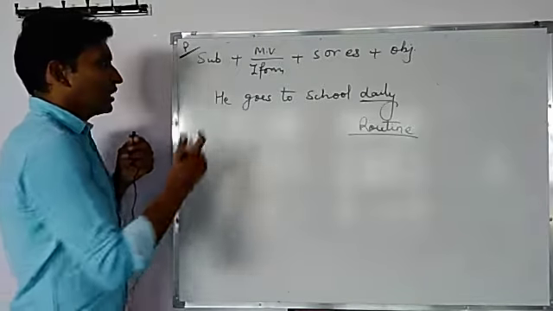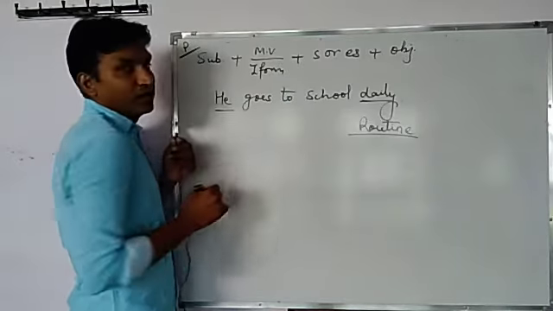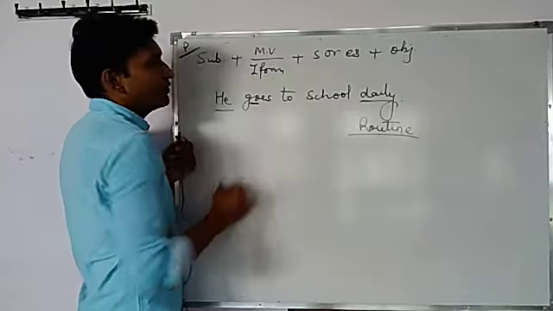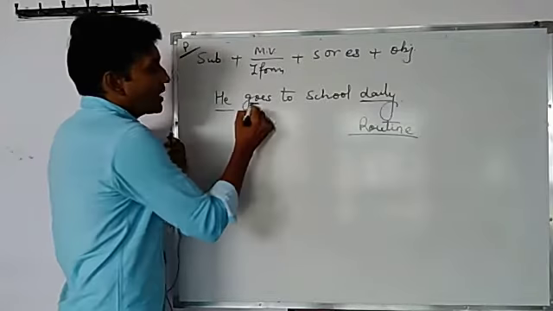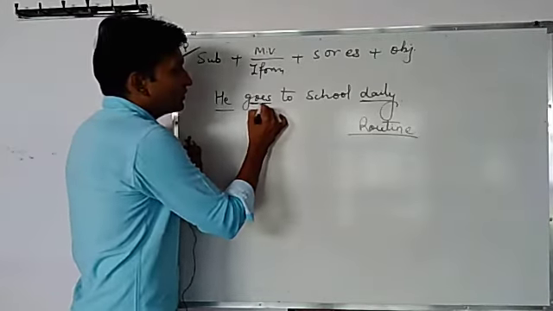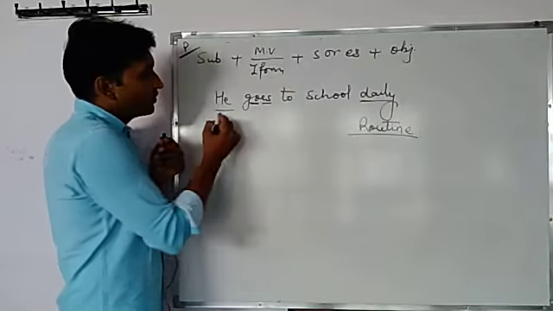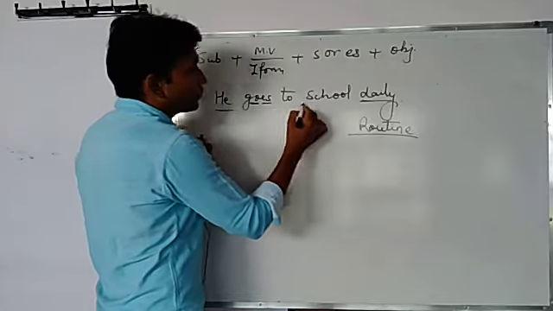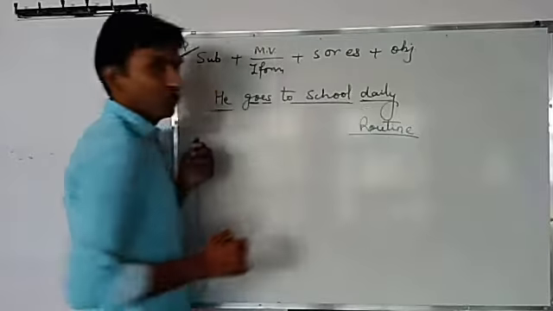Now, the subject is singular here, and this is the first form of the main verb, go. And here the last letter of the verb is O, so es is added here. So, he goes. Where is he going? To school. So, he goes to school.